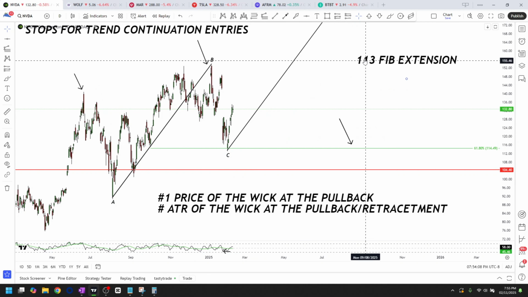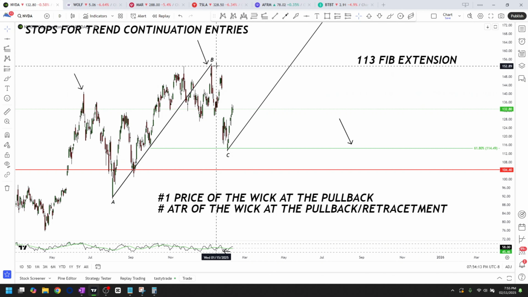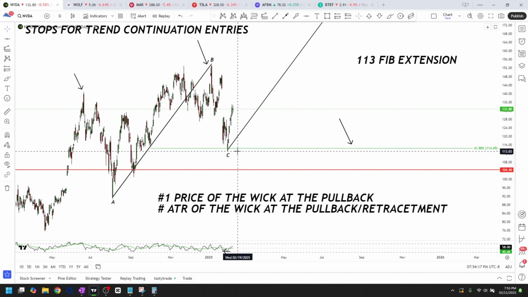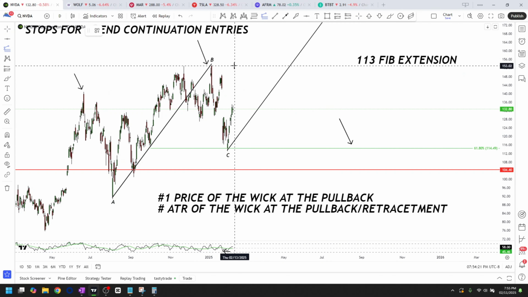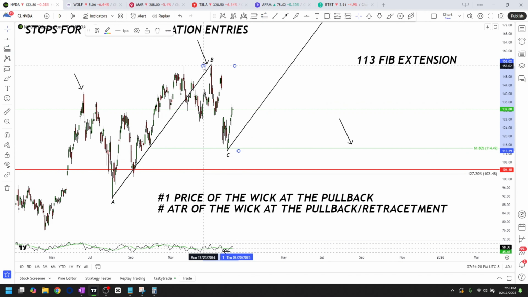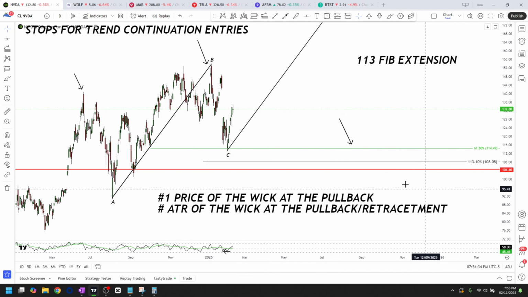The second way would be the 113 Fibonacci extension, extending from, in this case, the B to C leg, or this high to this low. So this high to this wick. Grabbing the extension tool and starting from where B is and coming down to the wick at C, and only using the 113 extension. So it's right there.